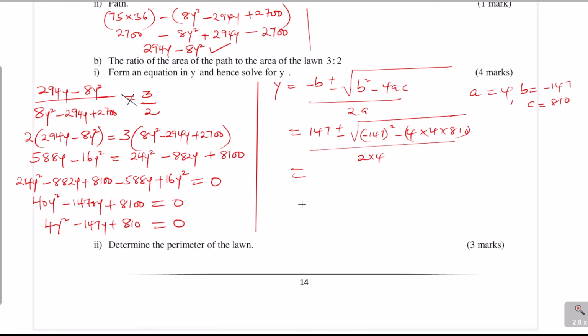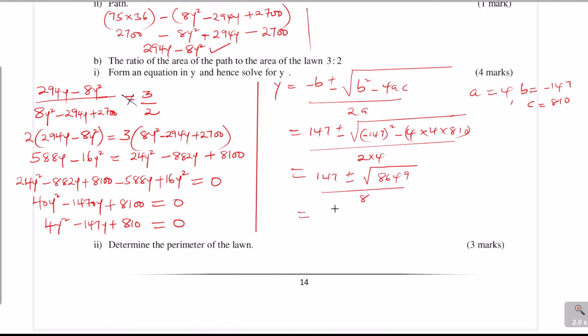So we continue to simplify everything. So we get 147 plus or minus everything that is under the square root sign here. When you compute that using a calculator, negative 147 squared minus 4 times 4 times 810, that will give 8649, and then divided by 8.